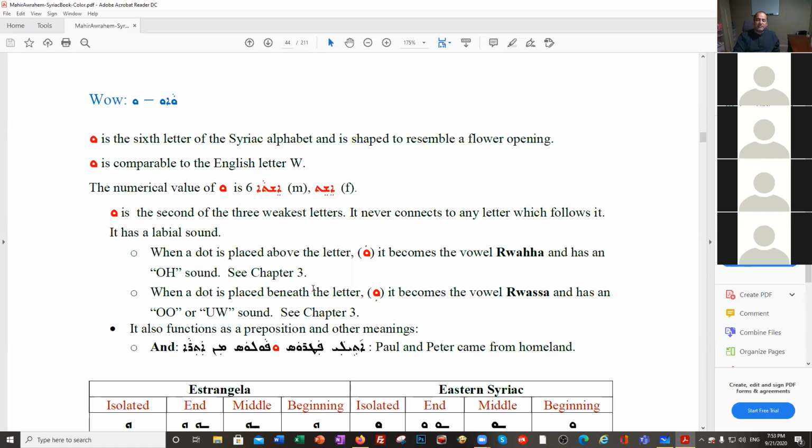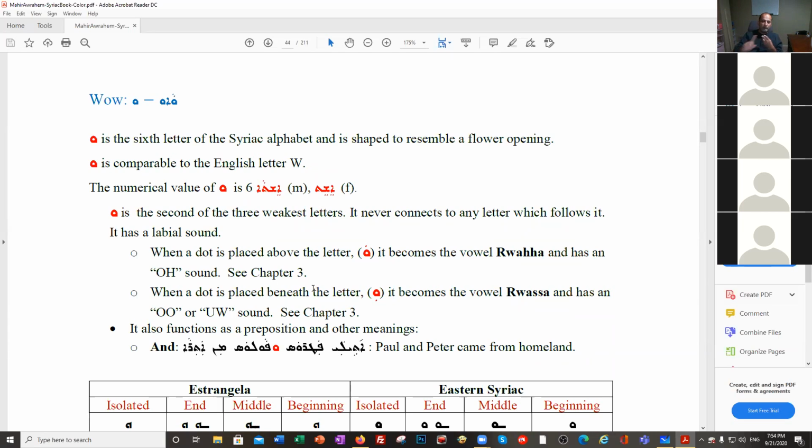Waw is the second weakest letter, okay, is silent when has no vowel at the end of the word. Again, I'm going to repeat that one. Is silent when has no vowel at the end of the word. Okay. Never connects to any letter that follows it. It means is one of those unjoined letters.